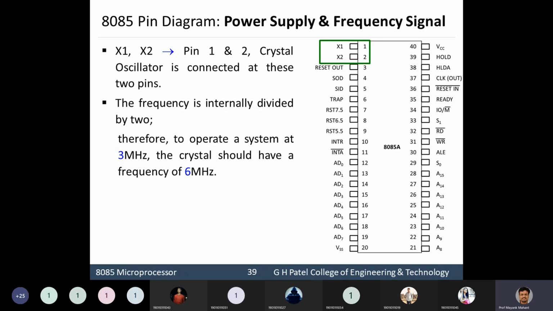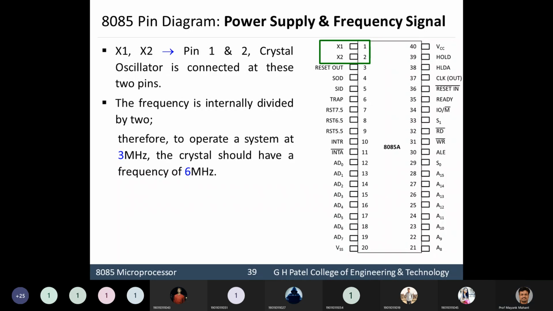That's why the frequency is divided by 2: one clock cycle is for the positive edge and one for the negative edge, so I can make my duty cycle exactly 50%. So if you want to operate the system at 3 megahertz, the crystal connected must be of 6 megahertz. Am I clear?